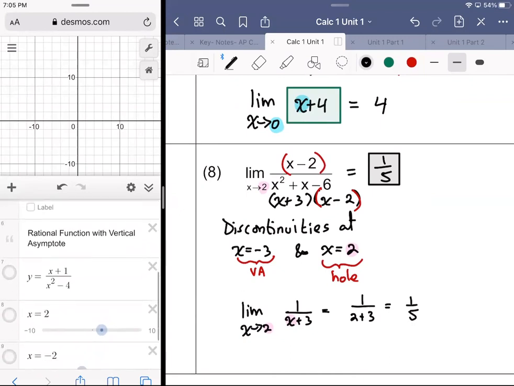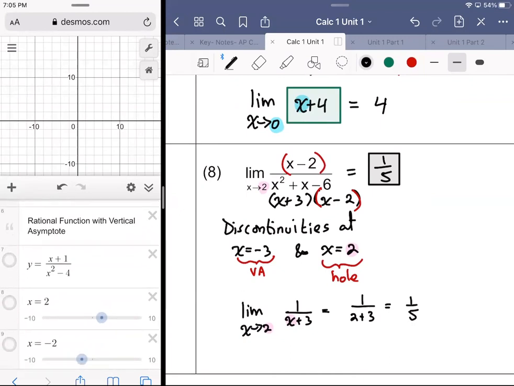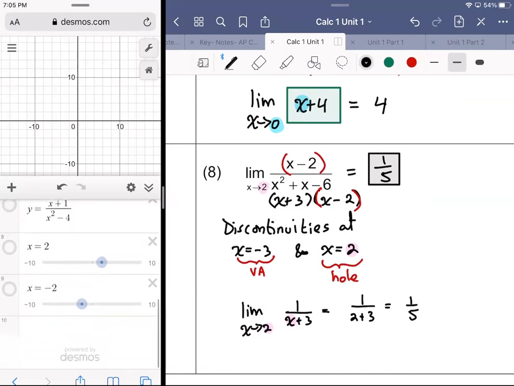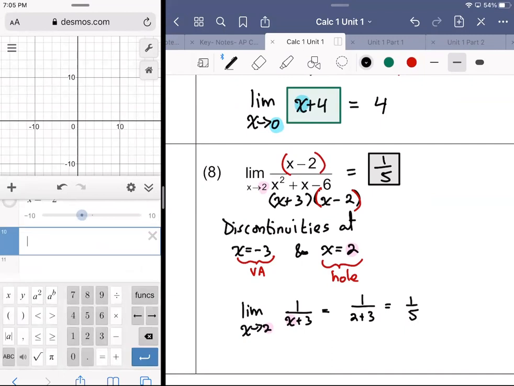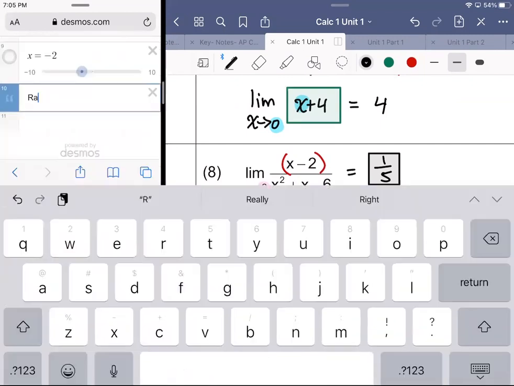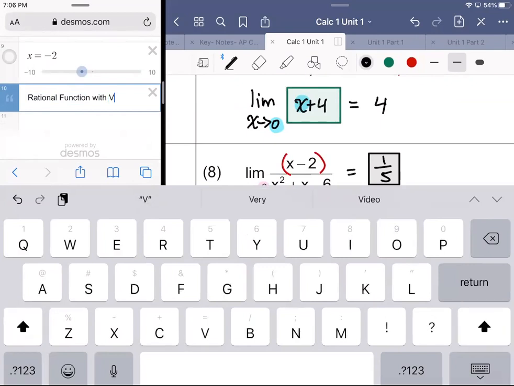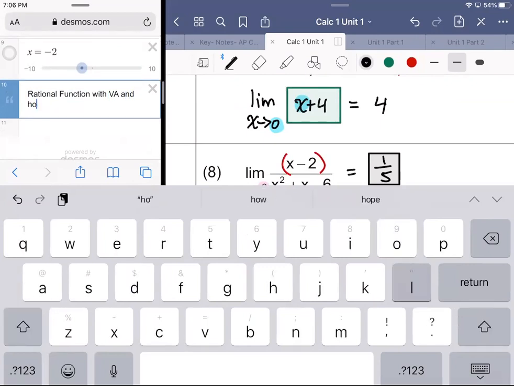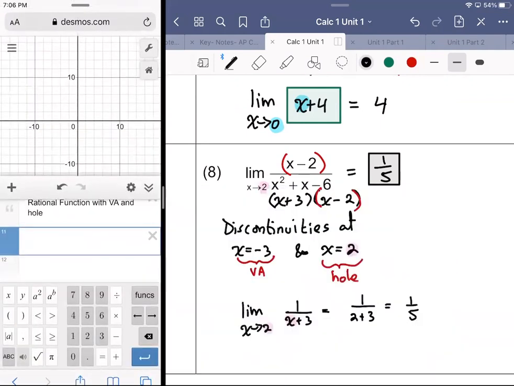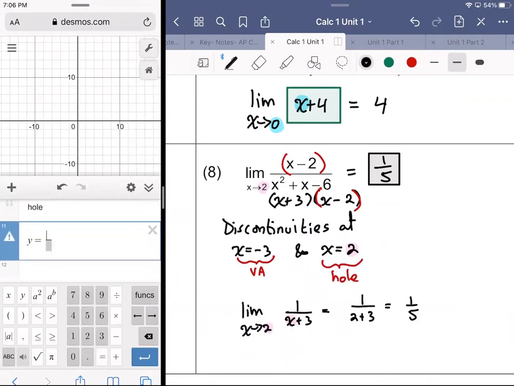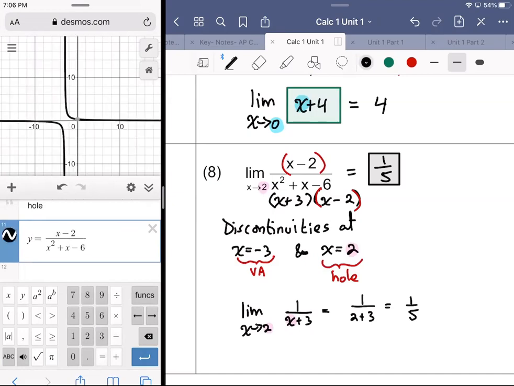All right. So I gave an example of a rational function with a vertical asymptote. So this is actually a good example of a rational function with a vertical asymptote and a hole. All right. So we would have y equals x minus 2 over x squared plus x minus 6.